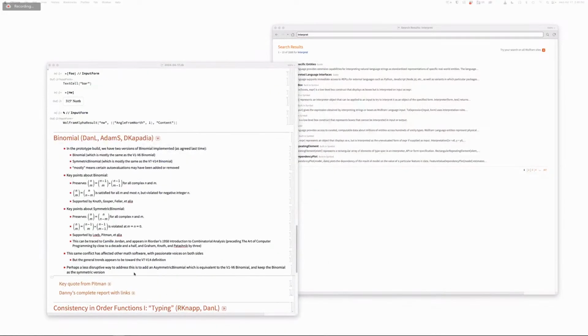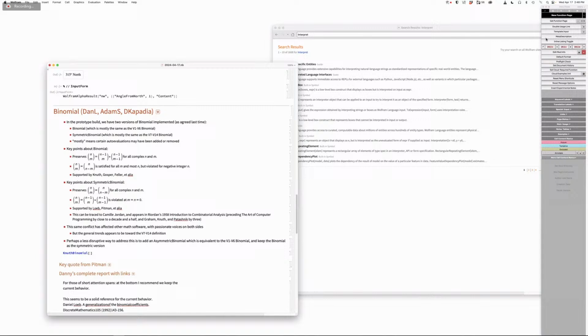Okay. So the question is, what special properties does the Knuth binomial have? It would be an irony if we were to call it Knuth binomial, but I don't think that's historically correct.